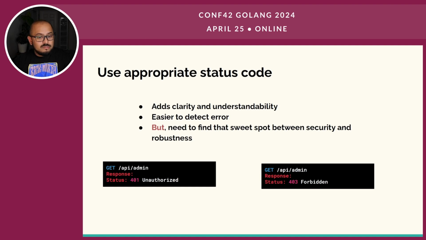Which response code do you think is the correct one? This is the correct and more readable one, right? Because 401 Unauthorized means the credential was correct but the user is not authorized to do something. So basically, using appropriate status codes helps us add more clarity and understandability to the API, and also helps us to easily detect the error.